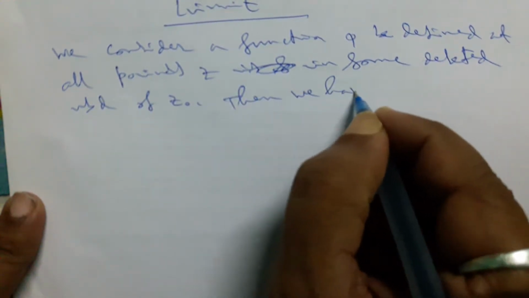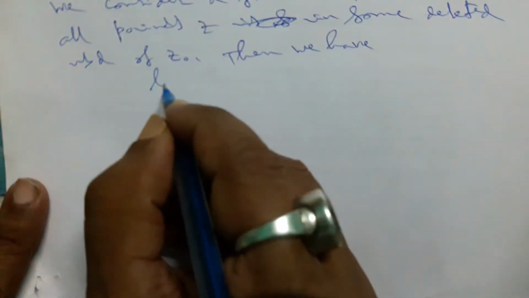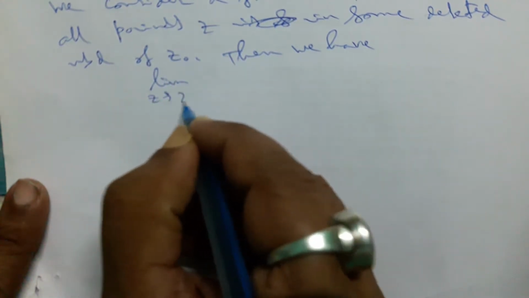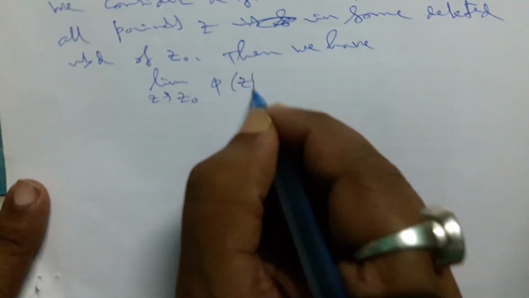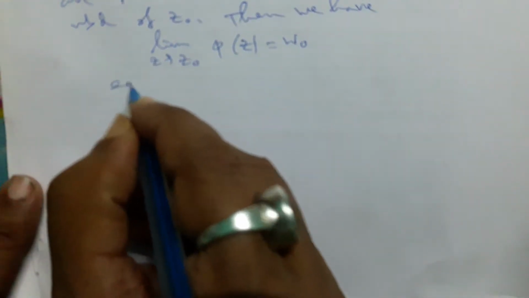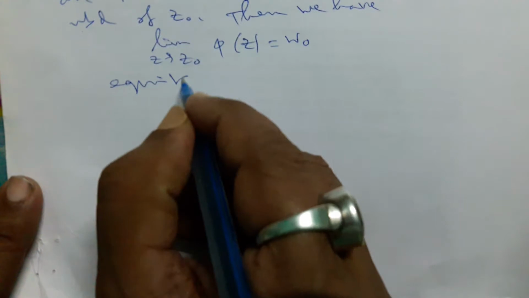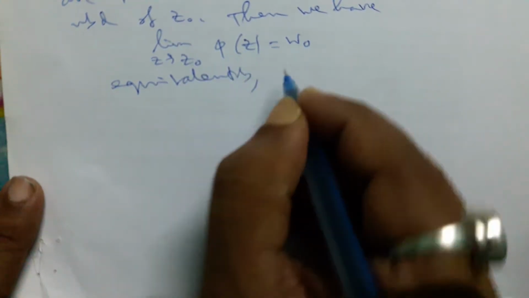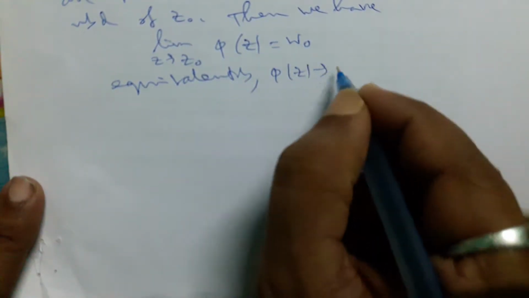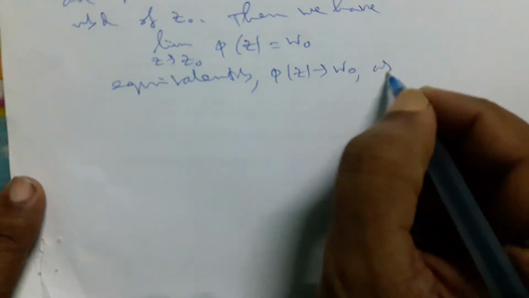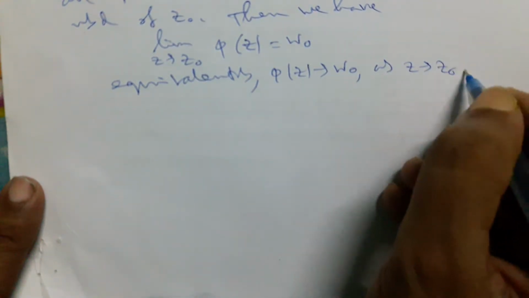Then we have the limit as z tends to Z0 of phi of z equals W0, or equivalently phi of z tends to W0 as z tends to Z0.